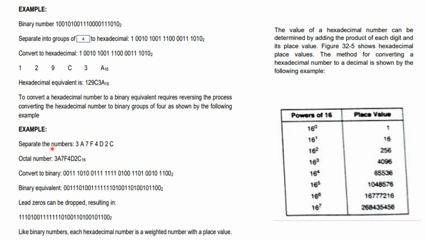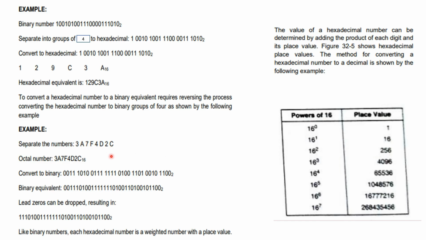Okay, how about if we are going to convert this hexadecimal number to binary? The first thing that you're going to do is just convert each digit to binary. For example, C: the equivalent of C is 12. What is the equivalent of 12? It's 1100.